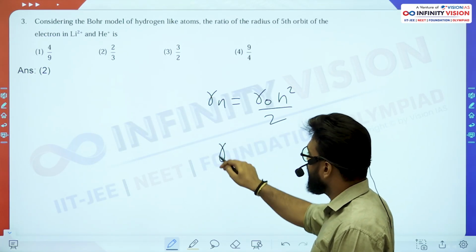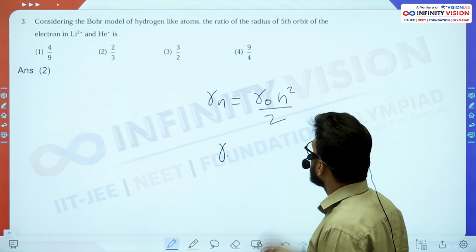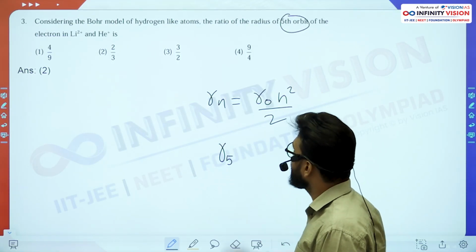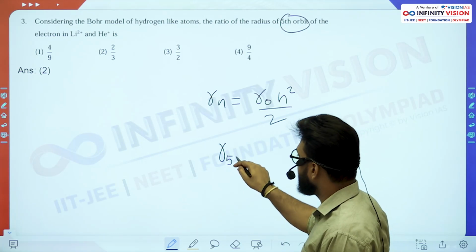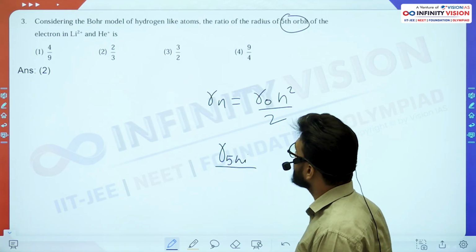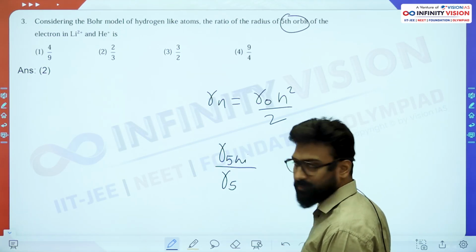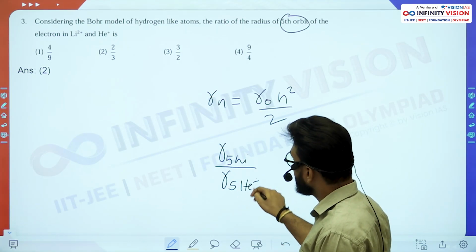For hydrogen-like atoms, n is here fifth, so the fifth orbit of lithium divided by the fifth orbit of helium plus.